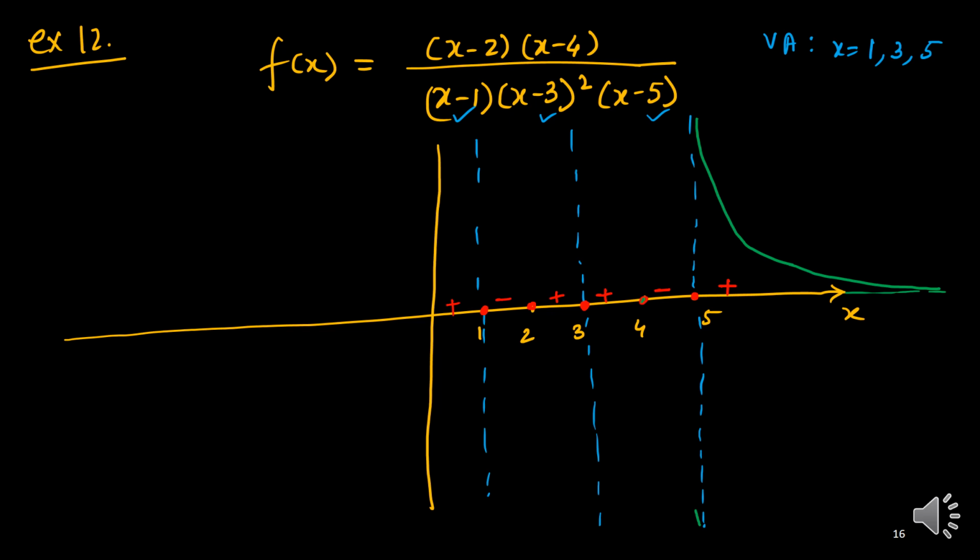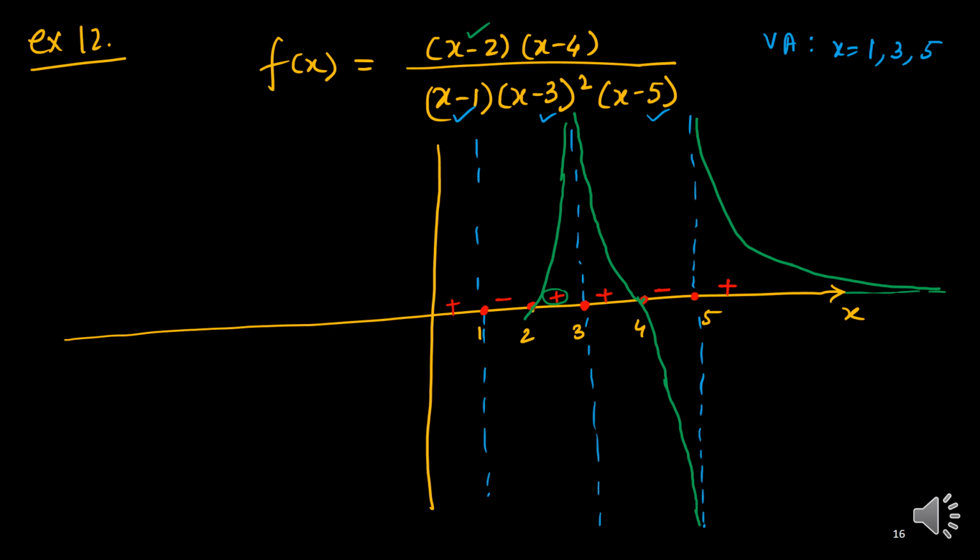So as usual, it will go towards this side and follow this one. It will go towards positive infinity, right? And then it is again a positive sign, so it will start from positive infinity, and it is 0 here, this one 0, so it will pass through this point.